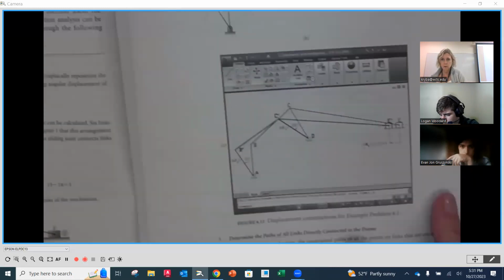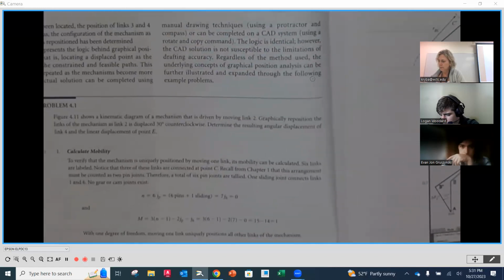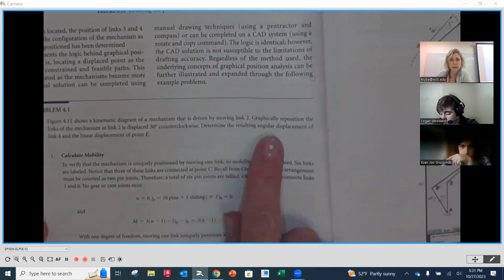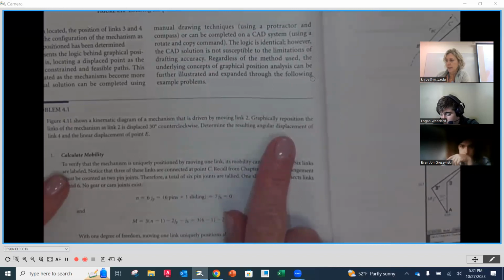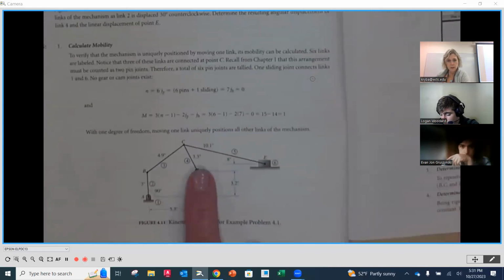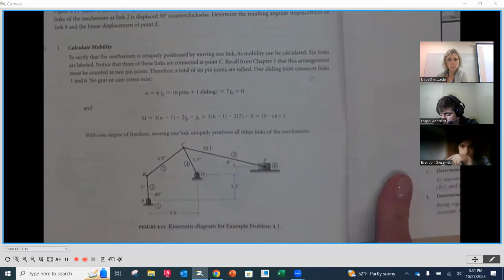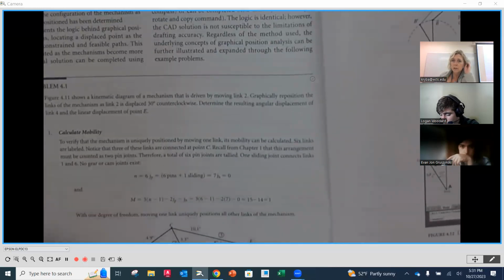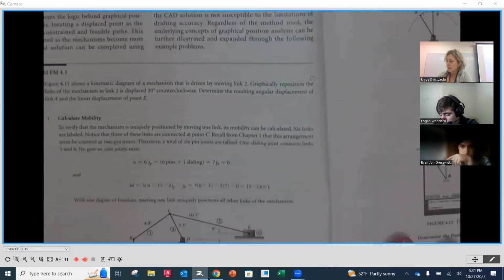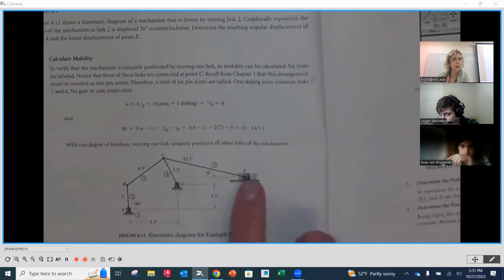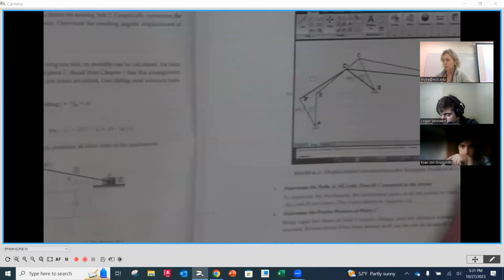So as we look back over here to the beginning of our problem statement, it says we want to know what the resulting angular displacement of link 4 is. Okay, link 4 is this link right here, the angular displacement. And then we want to know what the linear displacement is of point E, which is the center of our slider. So those two dimensions have to be identified in your solution.